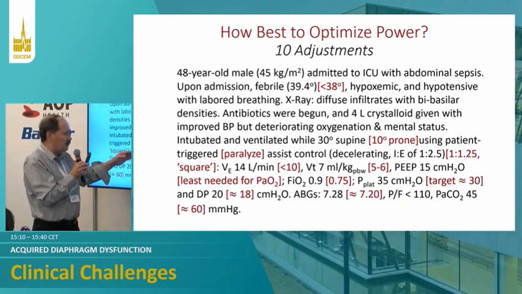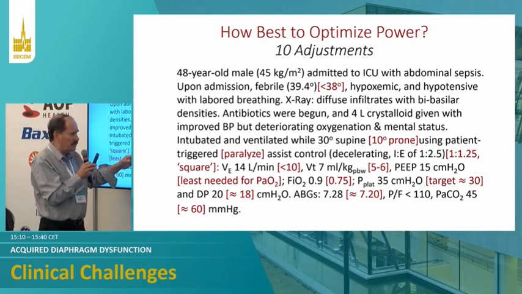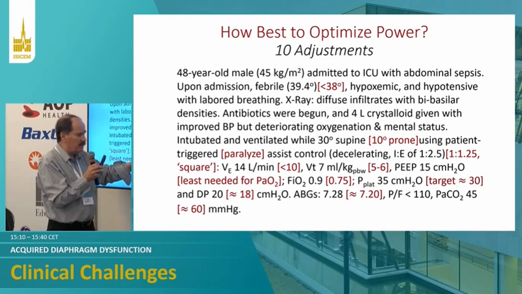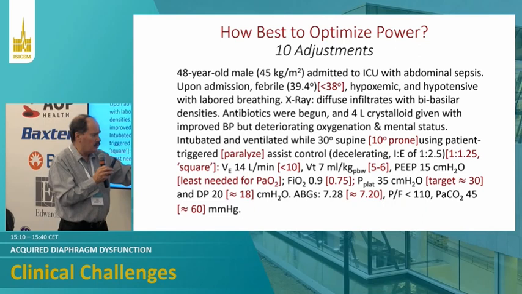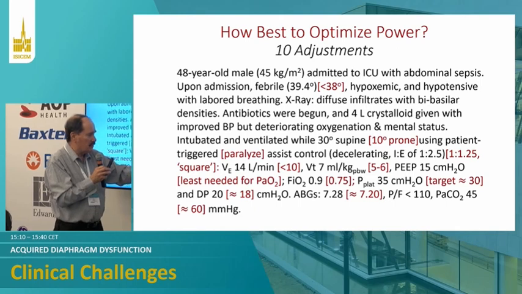Minute ventilation of 14 liters per minute with a lung this sick is probably not good. You need to bring that minute ventilation down, even if the blood gases show you that his PCO2 goes up to 60. In the prone position, you're likely to get an FiO2 that's less than 0.9 and still achieve your goals.